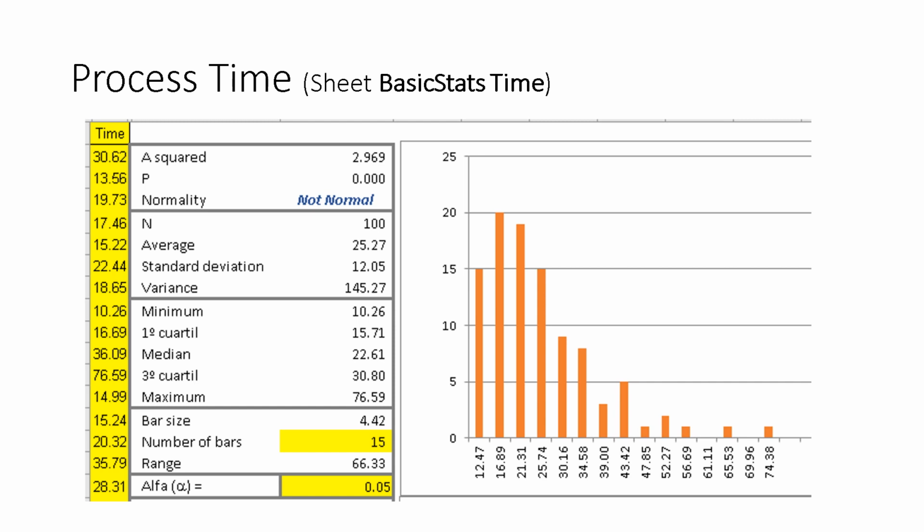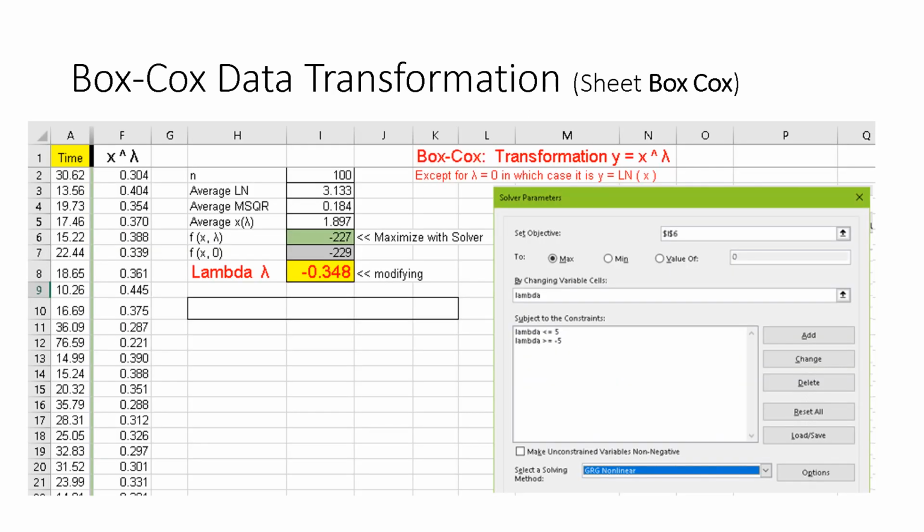In this case, we can look for a data transformation that will make the data follow a normal distribution. This is a data transformation of the sort y equal to x to the power of lambda, where we calculate the value of lambda to produce a normal distribution.